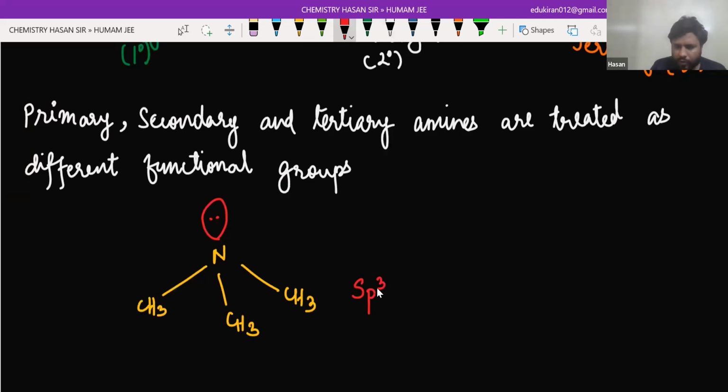But when you are going to see the structure, since lone pair is there, there will be a repulsion, and hence the structure will be pyramidal, like in NH3. Classification already did. I did primary, secondary, tertiary. Then we will go for nomenclature.